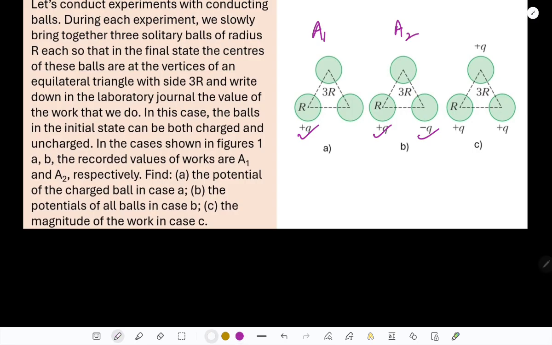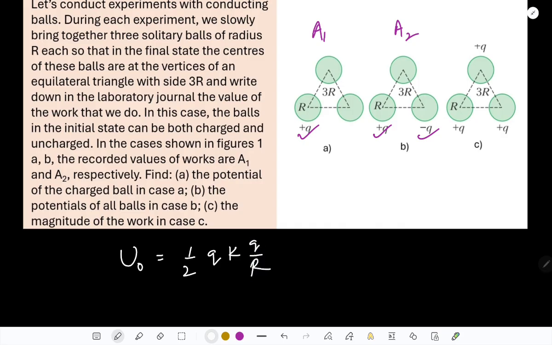We need to consider the electrostatic energy of the system when it was formed. In the initial state, when the balls were all apart at infinite distance and only one ball was charged, the total energy of the system of conductors can be written as half q times kq by r, the potential at its surface.